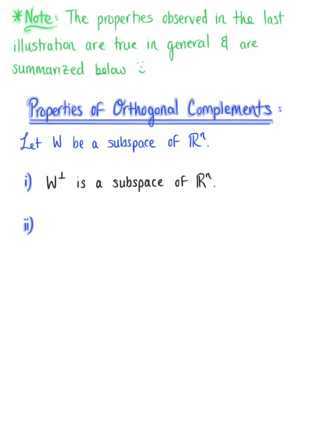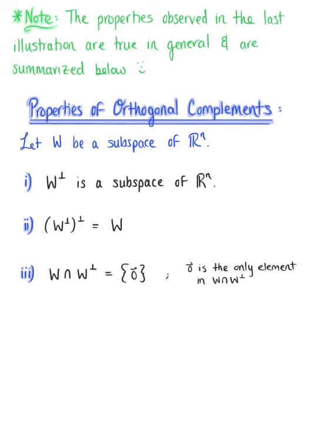And the second property tells us that the complement of the complement of a subspace is equal to the original subspace. Now, the third property is telling us that the intersection of a subspace with the orthogonal complement of that subspace is equal to the zero vector. So in other words, this is letting us know that the zero vector is the only element in the intersection of a subspace with its orthogonal complement.